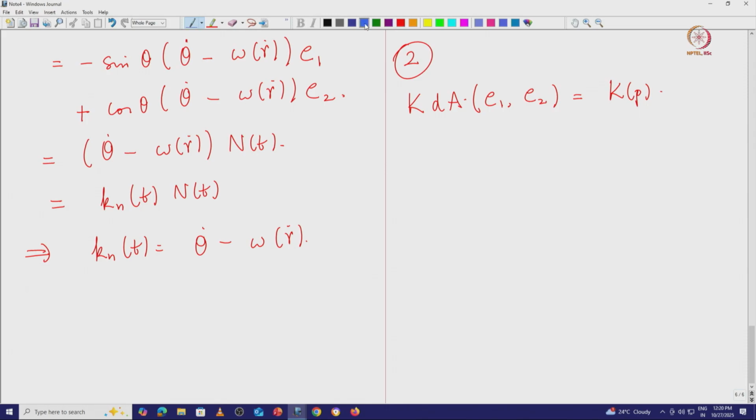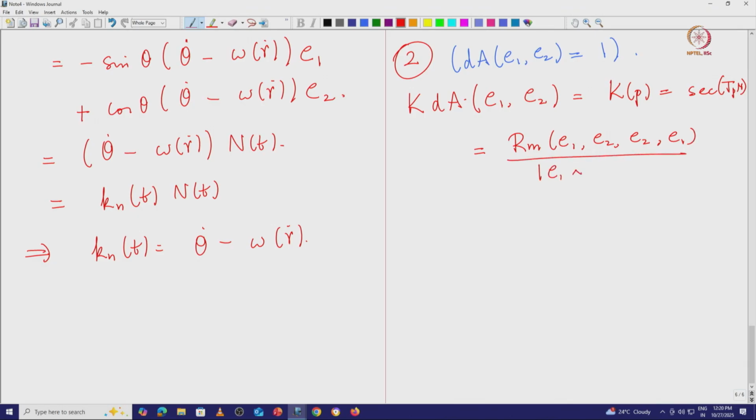Because since E1 and E2 are orthonormal frames, one can check that this is always 1. Okay. So this is the Gauss curvature, but the Gauss curvature is precisely given by this, right? It's the sectional curvature of the tangent space, and the sectional curvature is given by this, but because it's an orthonormal frame, this is the same as this.